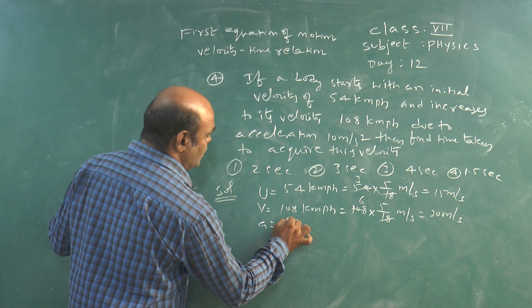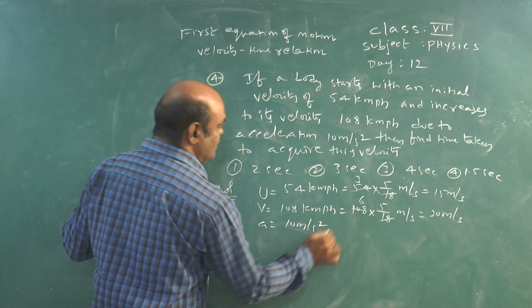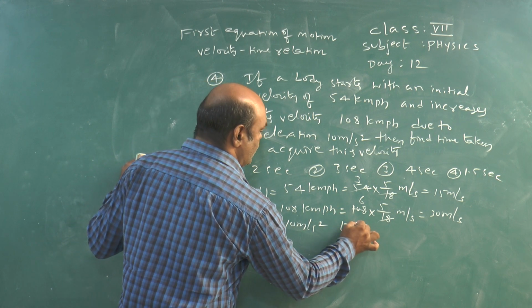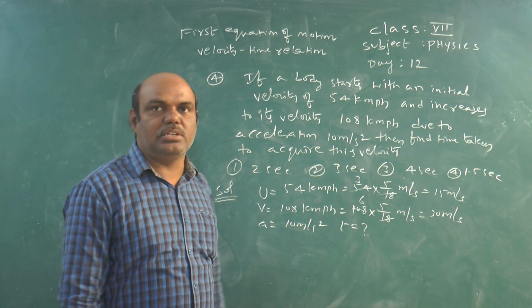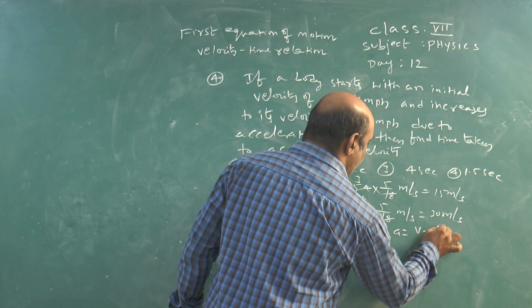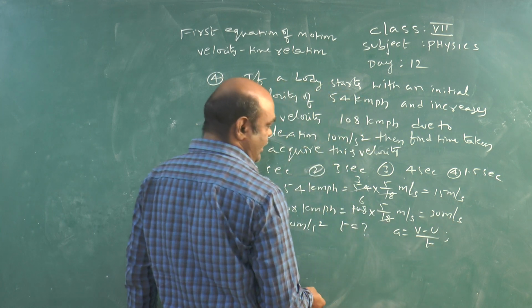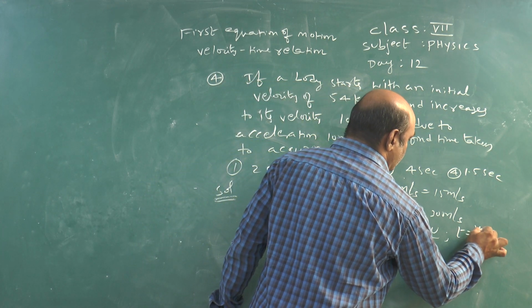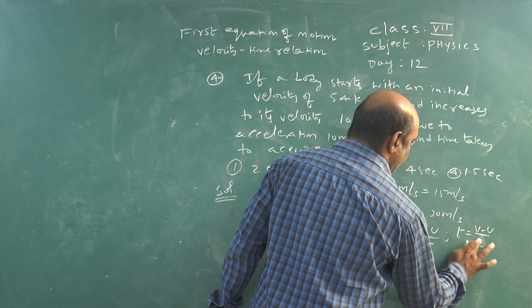And the acceleration given is 10 meter per second square. Time is our target. The formula is a equal to v minus u by t, so t equal to v minus u by a.